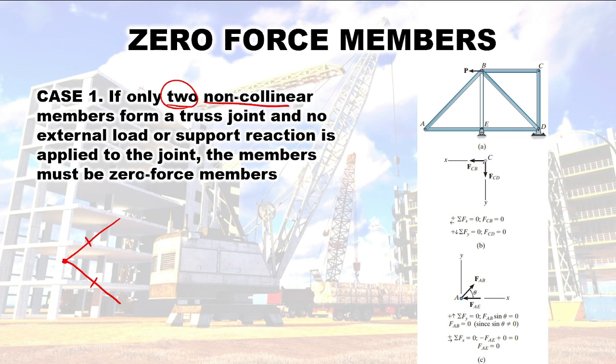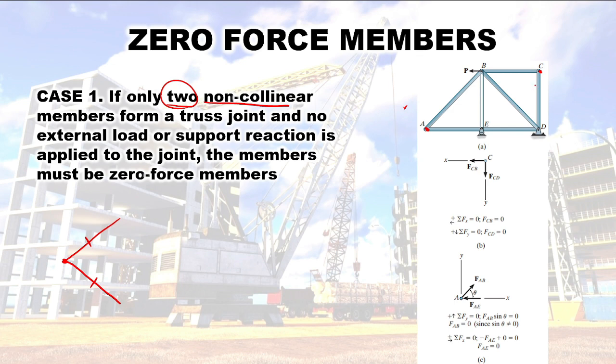Okay? So, in this example, we have a joint. So, let's look for a joint that has two members. So, this joint has two members. This joint also has two members. Okay, so our requirement here is two non-collinear. So, here, this member, then this member, non-collinear, check, doesn't form a straight line. Then this one, and this one also doesn't make a straight line.